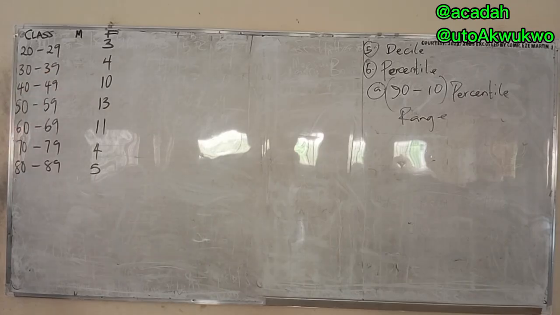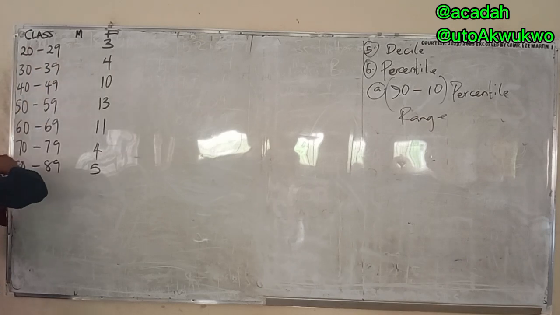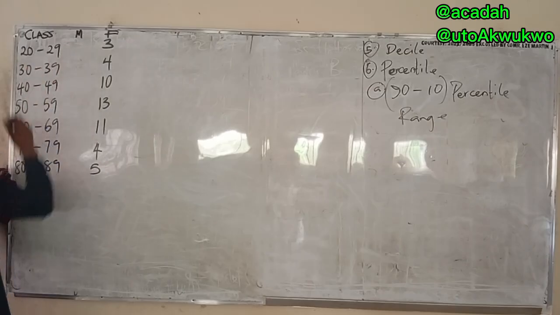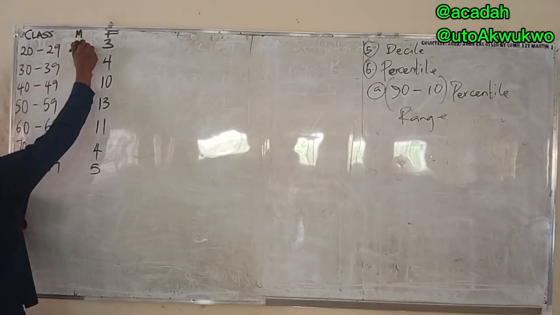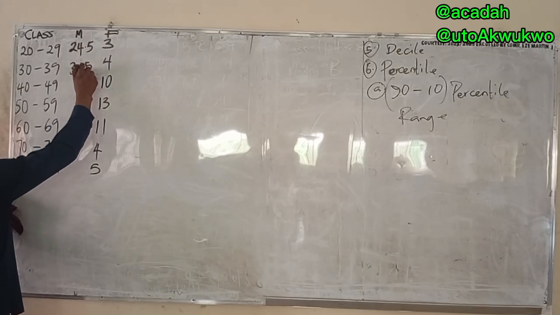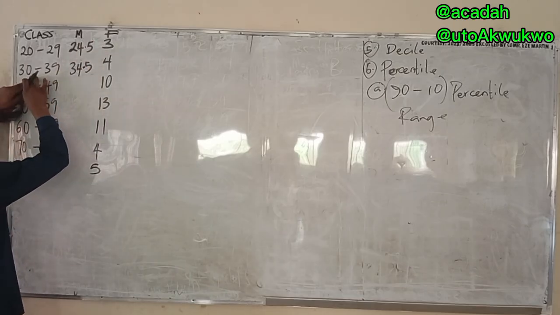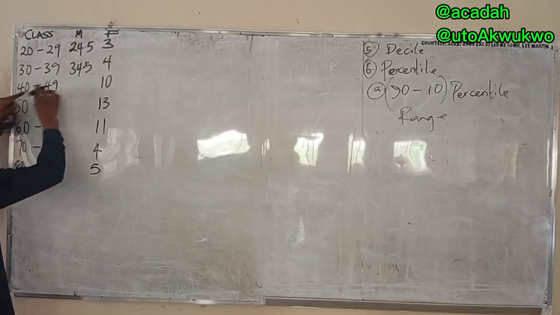Class mark, midpoint. So now, the midpoint here is simply add these two and divide by 2. You see that you get 49 divided by 2, which is 24.5. This one is 69 divided by 2, which is 34.5. 89, 44.5.